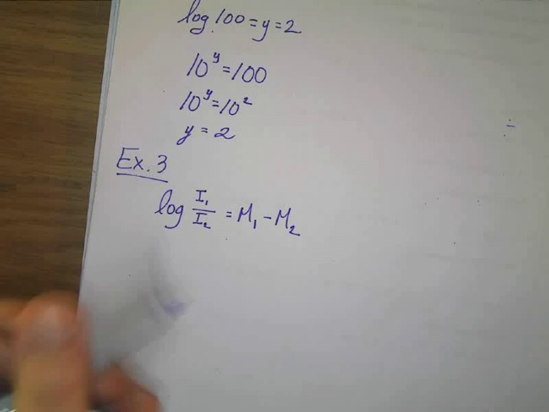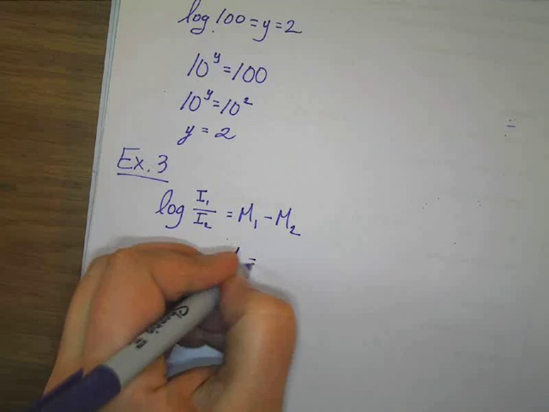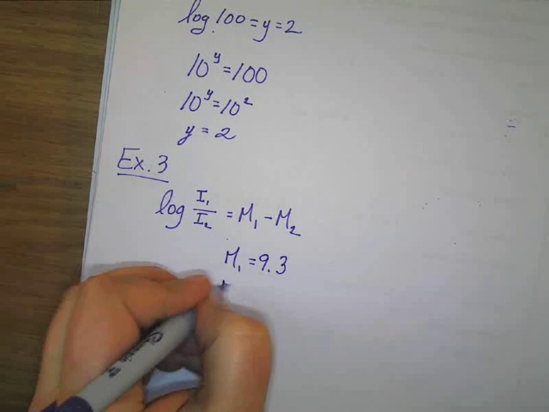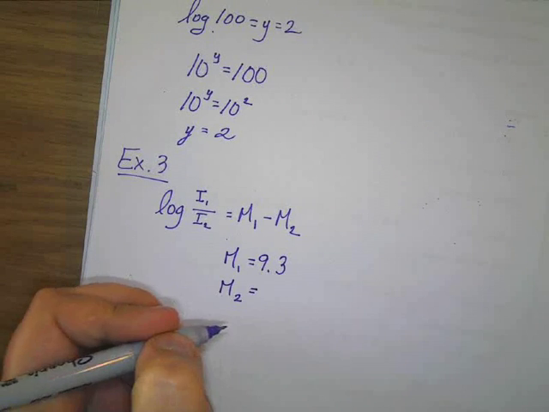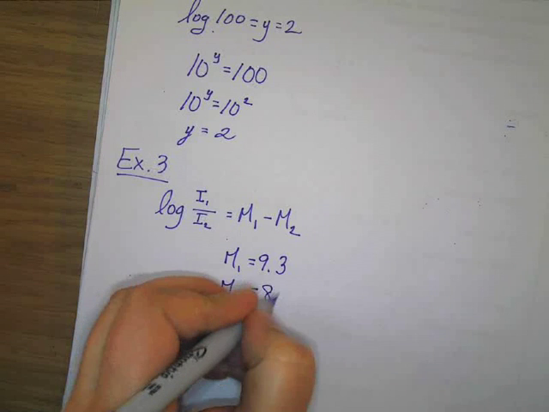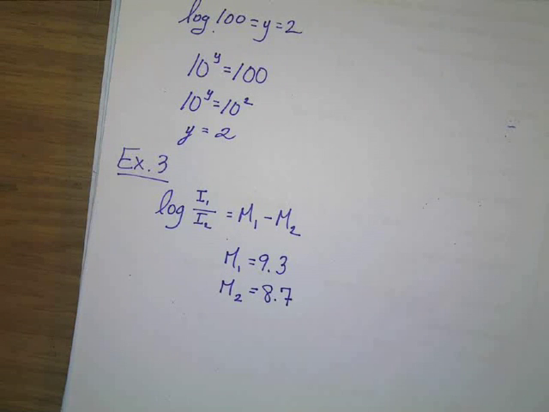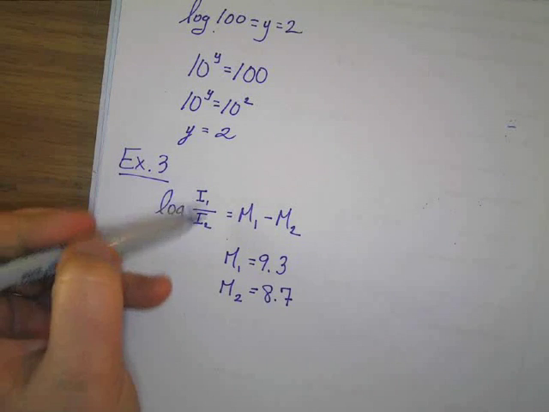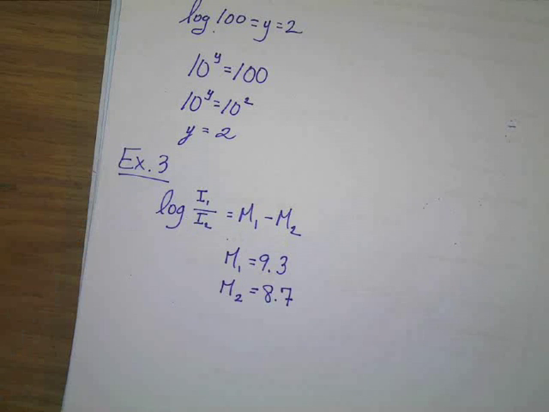In December, it was 9.3, and in March, it was 8.7. We need to use the formula to figure this out. They're not going to ask us for I1, I2. They just want us to figure out how many times greater.